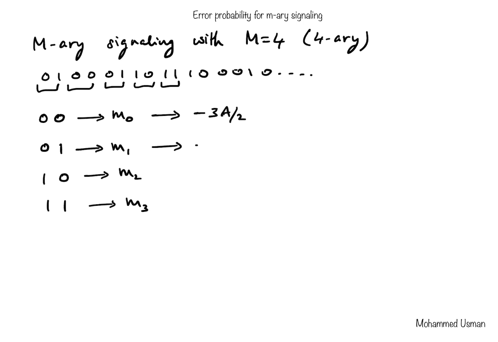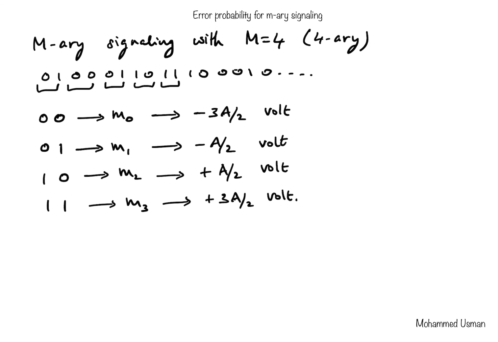M1 we will represent as minus A by 2 volt. And M2 as plus A by 2 volt, and M3 as plus 3A by 2 volt.